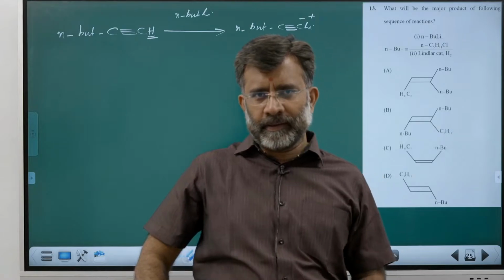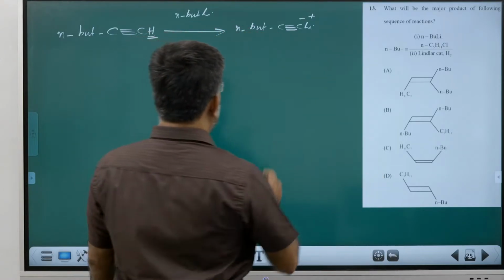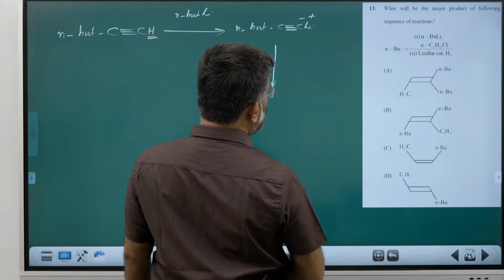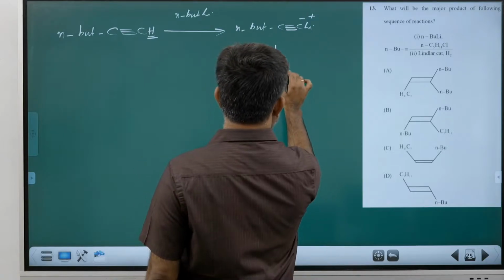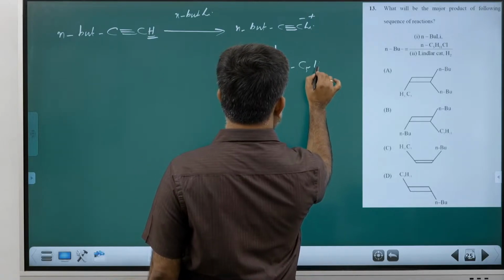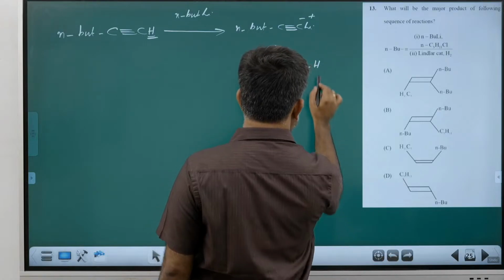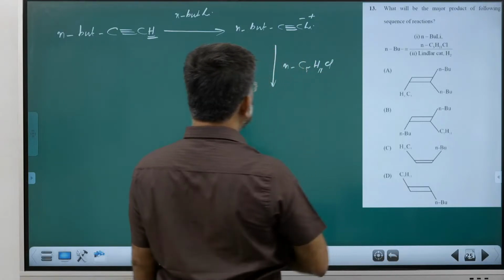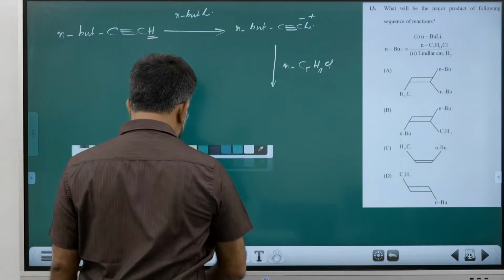We are learning this in the text. And now this is interacting with C5H11Cl. So what will happen?